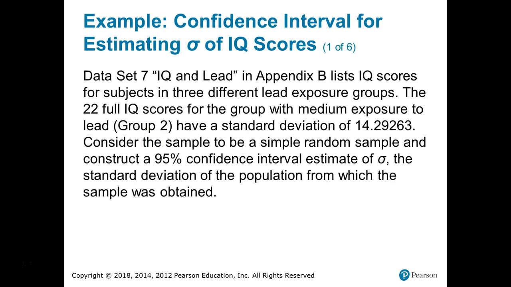Consider the sample to be a simple random sample and construct a 95% confidence interval of sigma, the standard deviation of the population for which the sample was obtained. Okay, so we have our sample. We know how many people, we know the sample standard deviation, and we want to create a 95% confidence interval for the population.